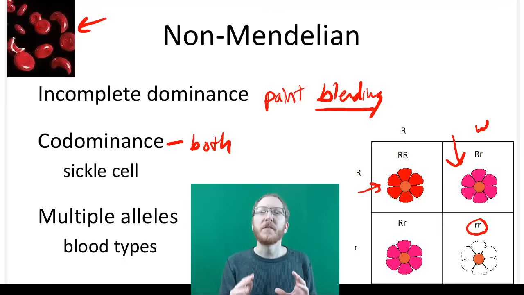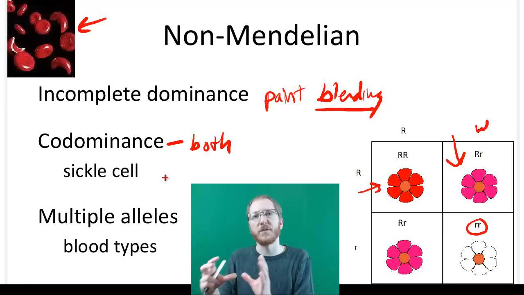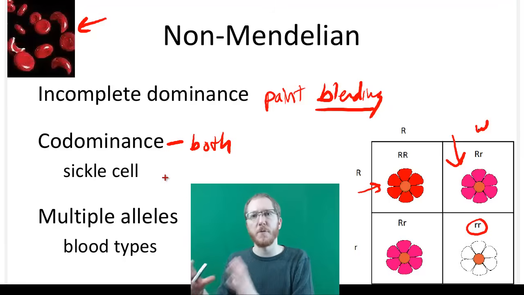But it's not where so many of your cells are sickle-celled, where it leads to the other complications such as anemia, because the sickle cells don't live as long, such as blood clotting, organ failure, a whole bunch of nasty stuff. And so sickle cell is a codominant trait where you can essentially have all normal red blood cells. You can have a mix, that's the heterozygote, or you can have kind of all sickle-shaped cells, which is the worst situation.